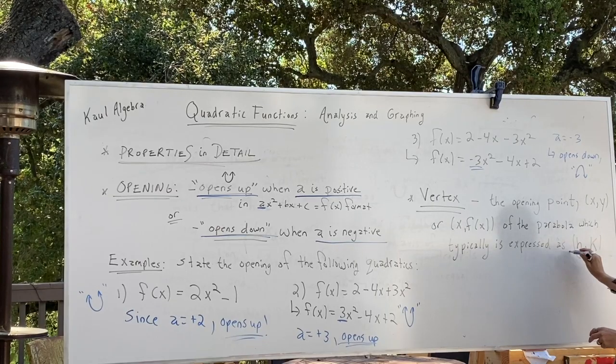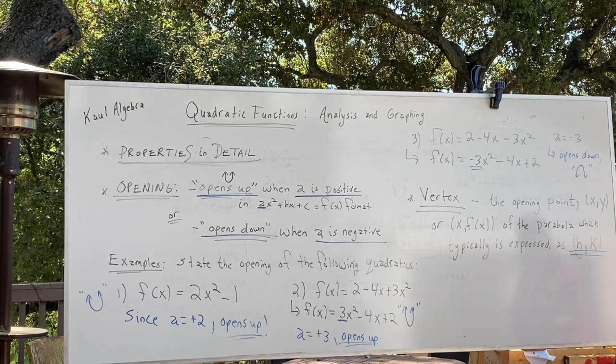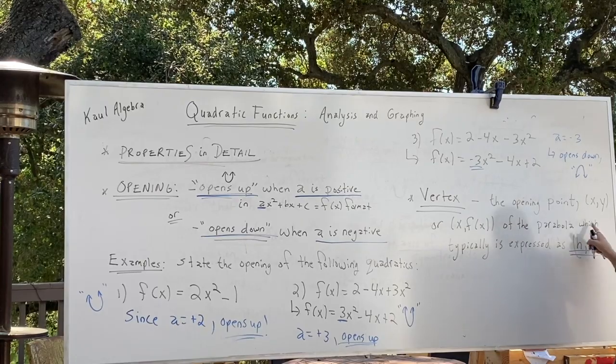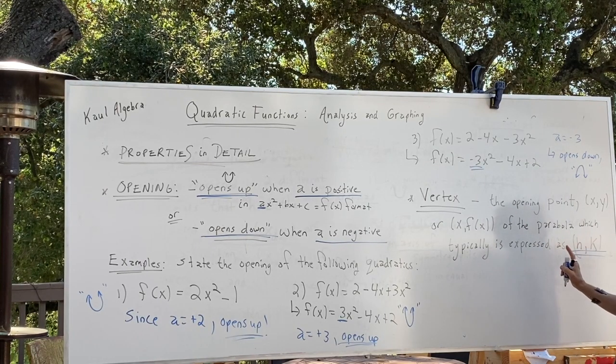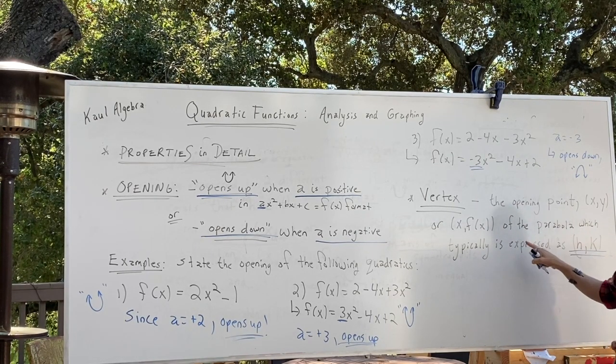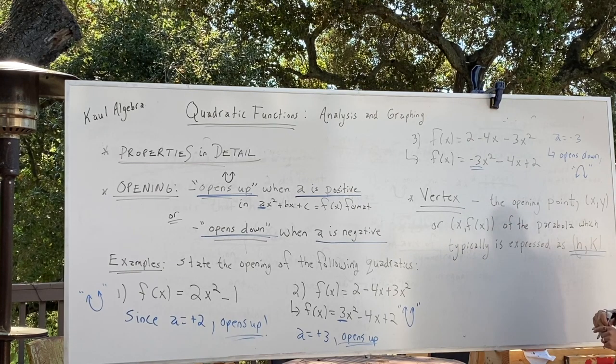I was getting a little ahead of myself. So h comma k is the point we use to specially notate the opening point of our parabola, which is called the vertex.